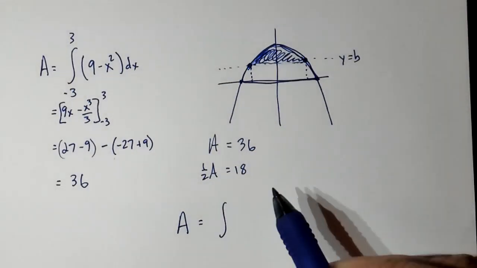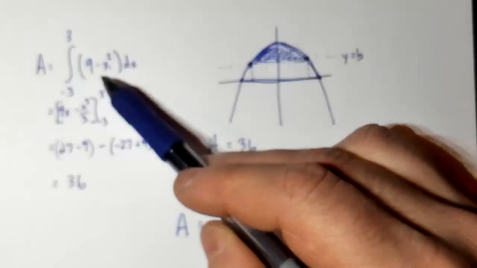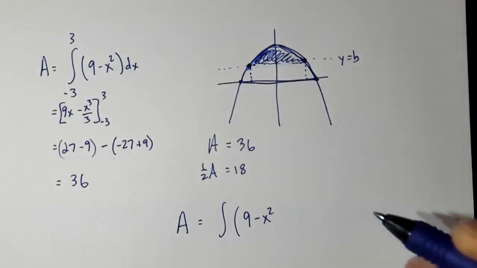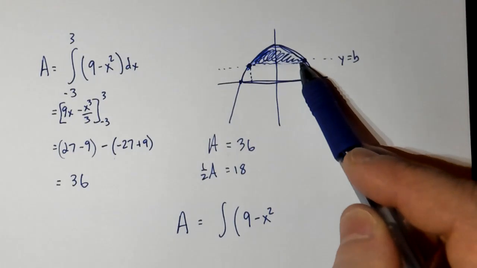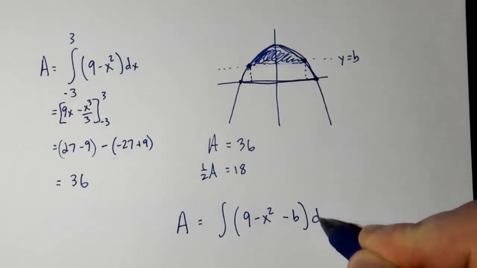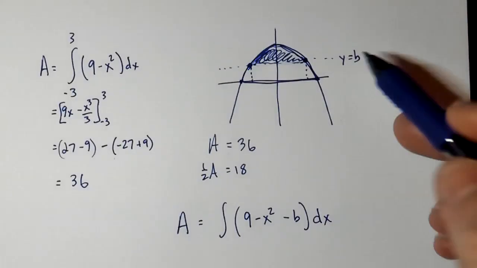We'll talk about our boundaries here in a second, but the top part here is going to be your 9 minus x squared, while this line right here is going to be just b. And this is going to be in terms of x. Whatever that value is for b, it's a constant.